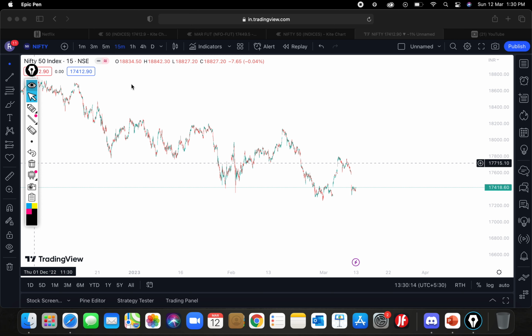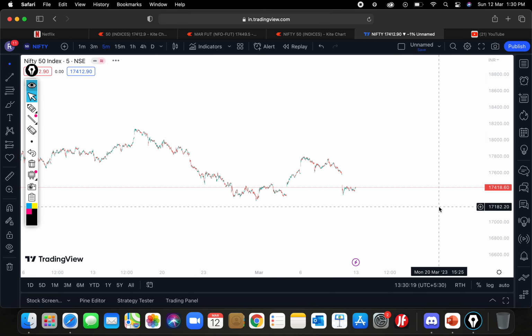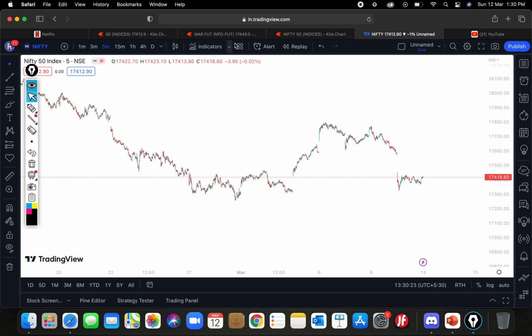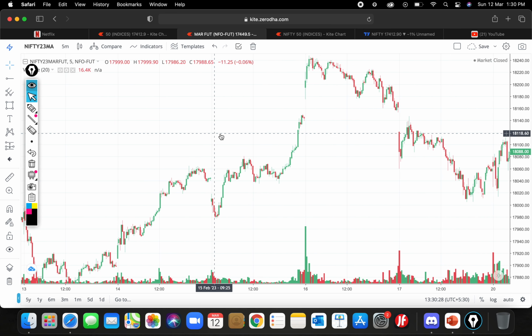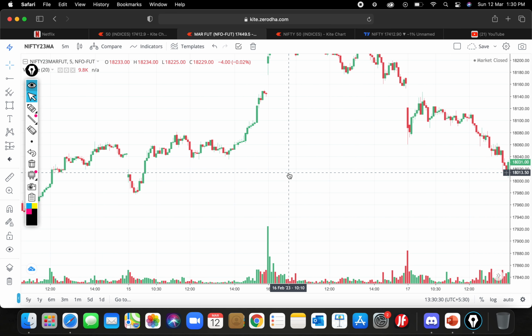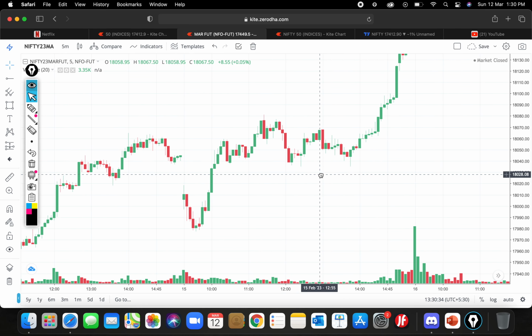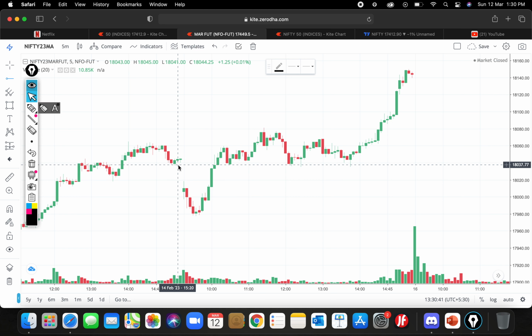Now let's see how we use the market structure inside our setup. Firstly, our setup is to create support and resistance levels. Let's look at some examples. Let's take this chart, the 15th of Feb chart. Here we could see that the market opened with a gap down, so we will be marking our supports first.